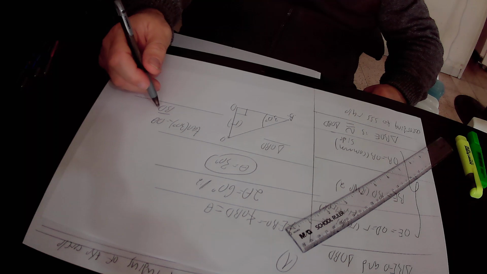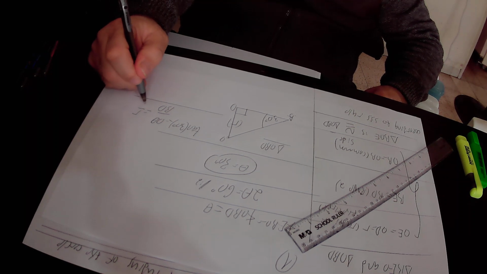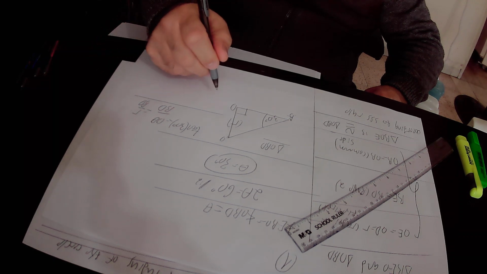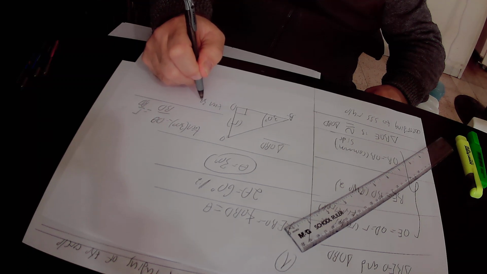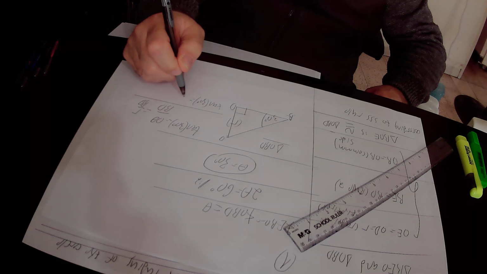OD is R, so it is R over BD. So tangent 30 degrees equals R over BD.